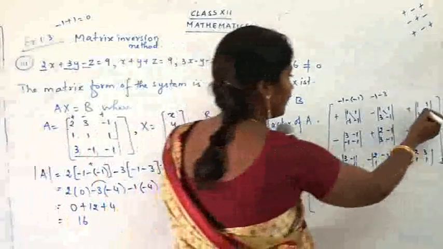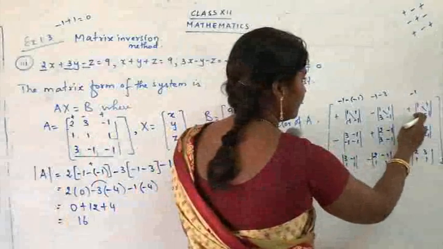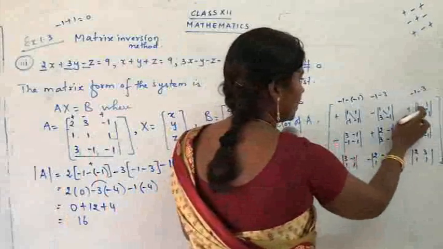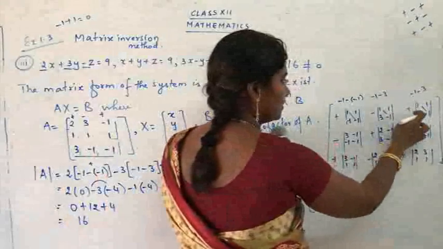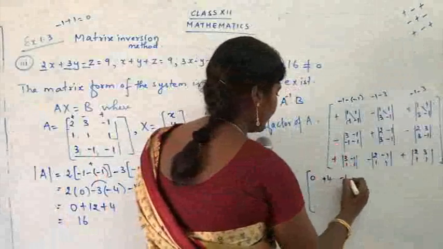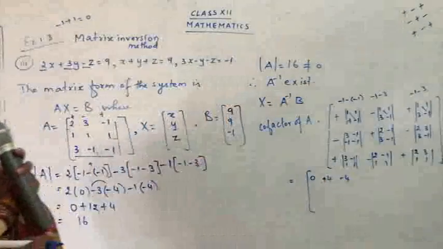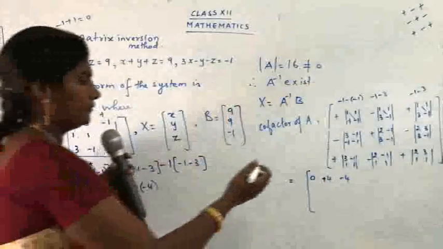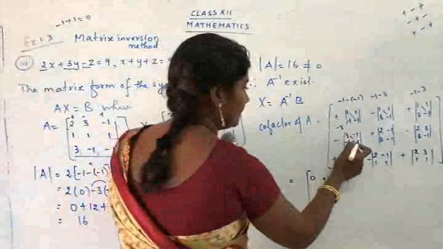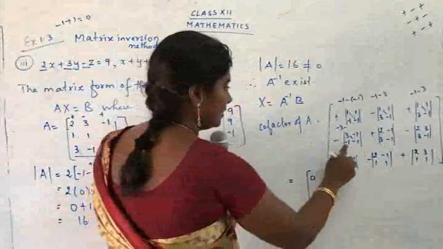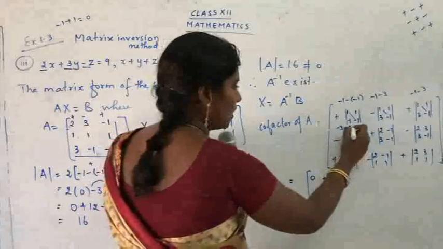So it's first plus 4, yes? Now here, minus 1, minus 3. 1 into 1, minus 1, minus 1. It's minus 3. So you have minus 4. Next, minus 3. My main sign minus. Well, minus 1 into minus 1, 1.